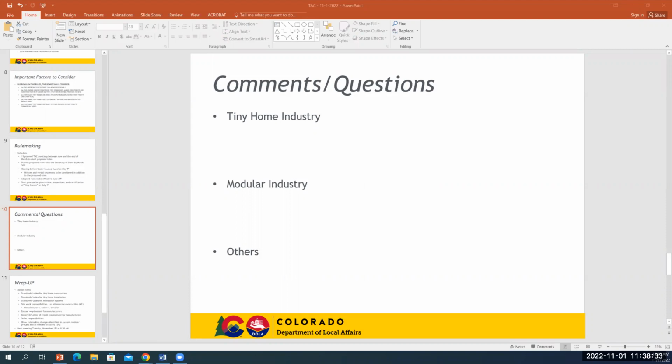I understand the concerns about not having enough tiny home representation on the TAC, but really, it's all spelled out in the statute who would be represented, and I'm constantly wondering why the association, the Rocky Mountain Home Association or whatever association, isn't on the TAC.